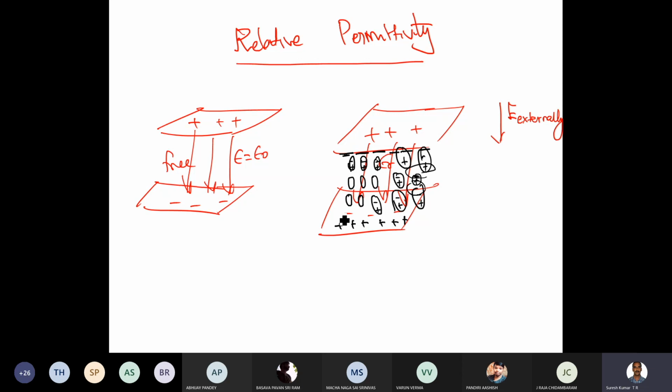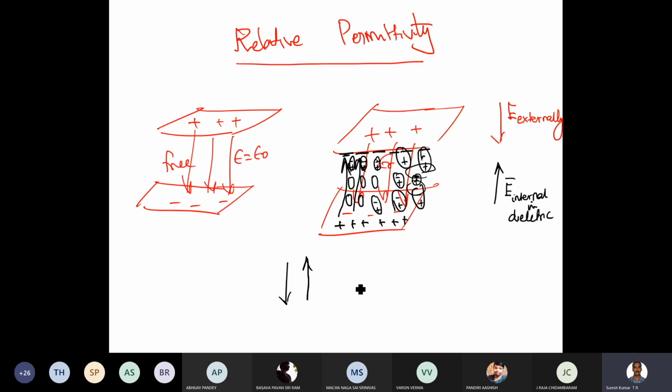If you draw electric field lines from plus to minus, internally there will be an electric field in this direction. So this is the electric field internal in the dielectric. You can see clearly that the external applied electric field is in this downward direction, and the induced electric field due to the polarization is in the opposite direction.